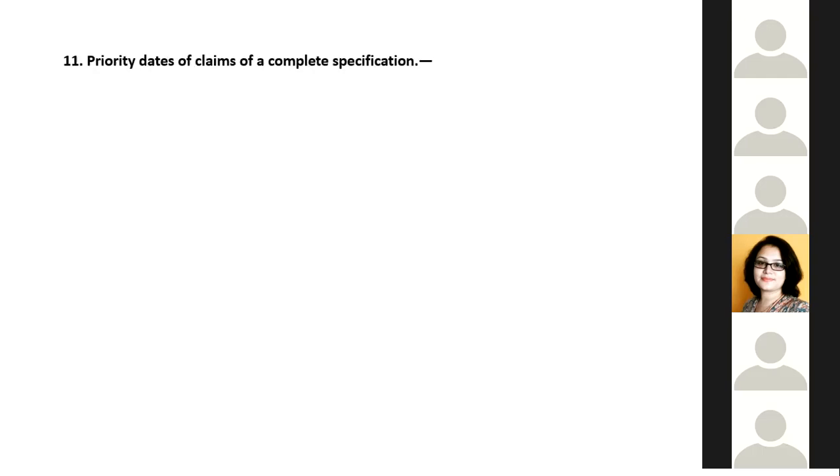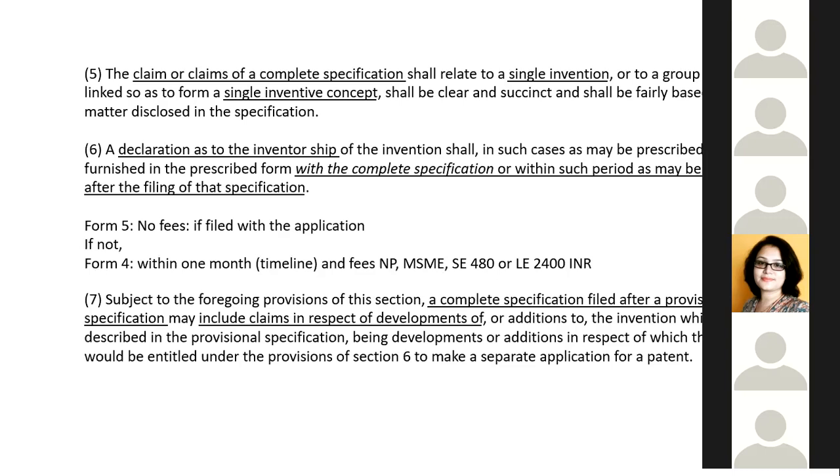Excuse me, ma'am. If inventors are filing the patent application, in that case, do they need to file Form 5? Which application? For provisional? No, ma'am, complete application. If inventors are filing the patent application, they are the applicant.